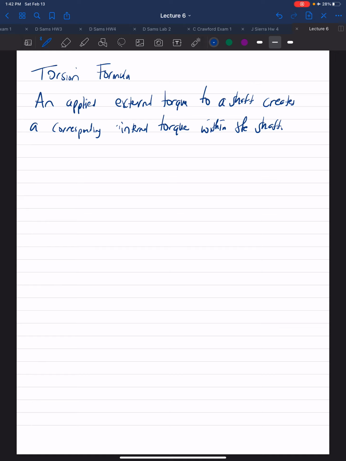So our antennas should go up whenever we see the term internal, we know we have to do some method of sections work.